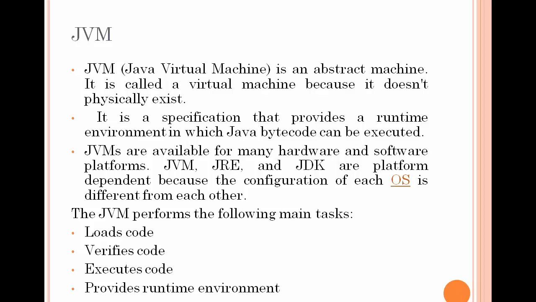JVM, JRE, JDK are platform dependent because the configuration of each OS is different, whereas Java is platform independent. The tasks performed by JVMs are: loads the code, verifies the code, executes the code, and provides a runtime environment.